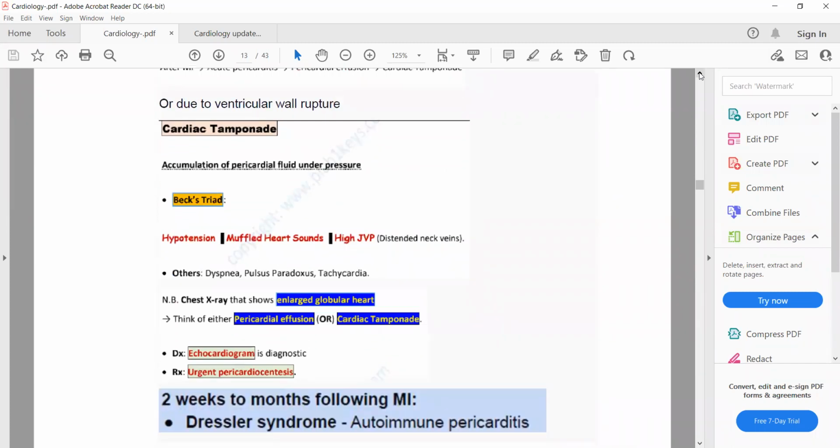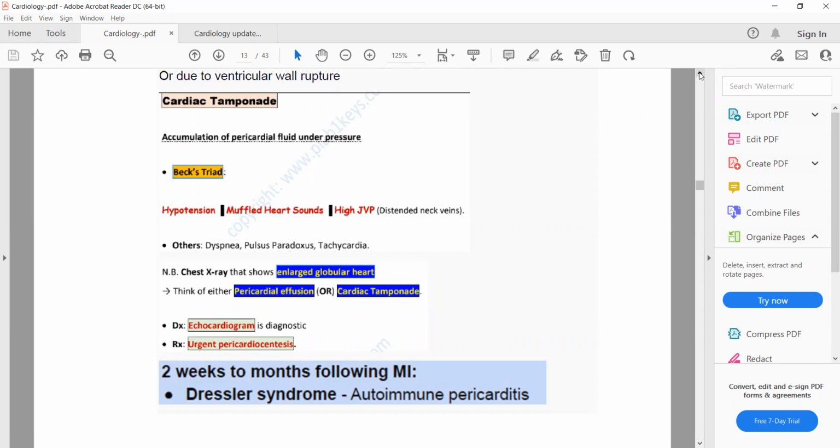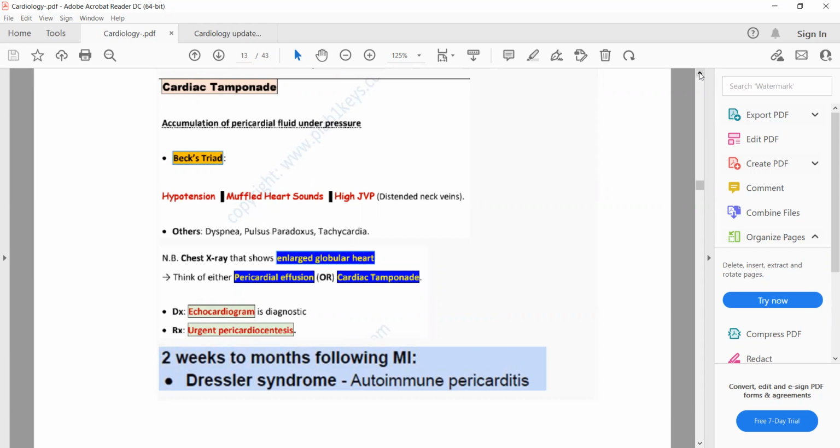Now, cardiac tamponade, as we have already discussed, can occur due to pericarditis, or it can also occur due to ventricular wall rupture after MI. How are you going to diagnose cardiac tamponade?